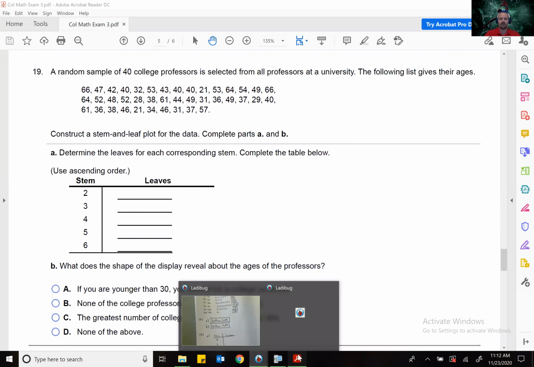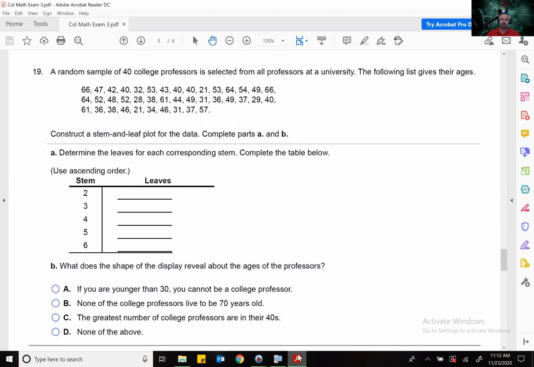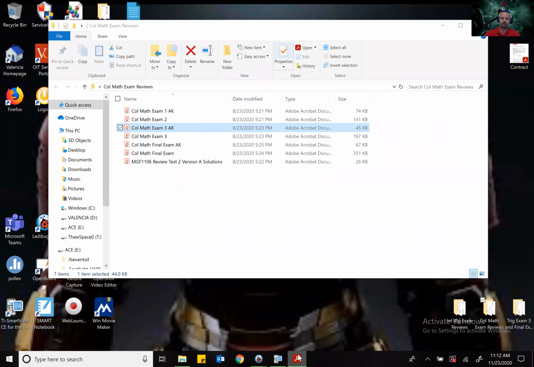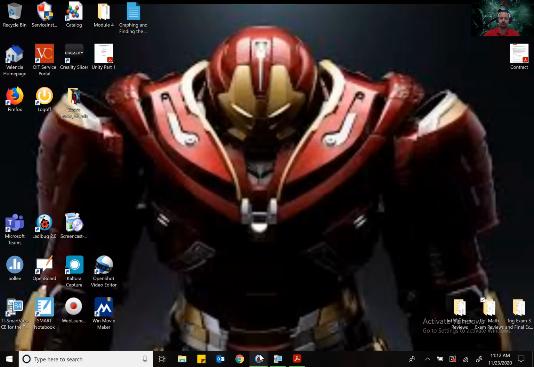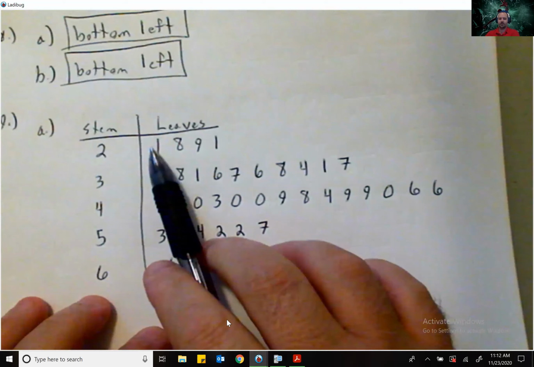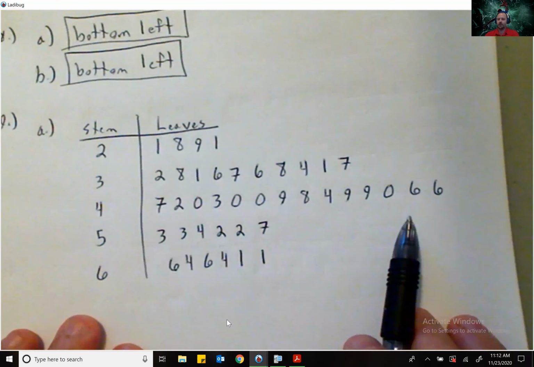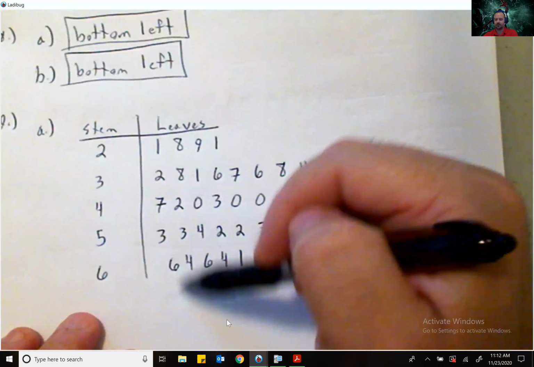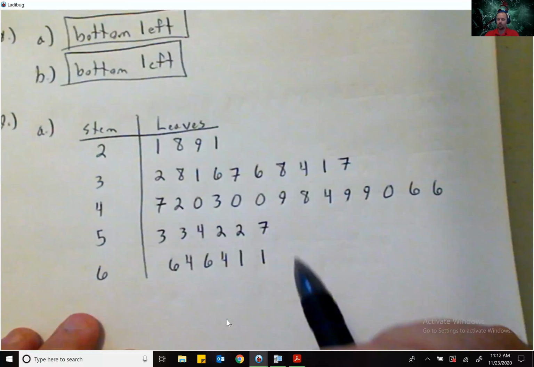So here's what it looks like if I actually just filled it in. But of course, these should be in proper order. So then you should go back and put these in their proper order. But this is what it looks like. Notice everything's kind of lined up. Stem and leaf plots should be lined up like that. No commas.